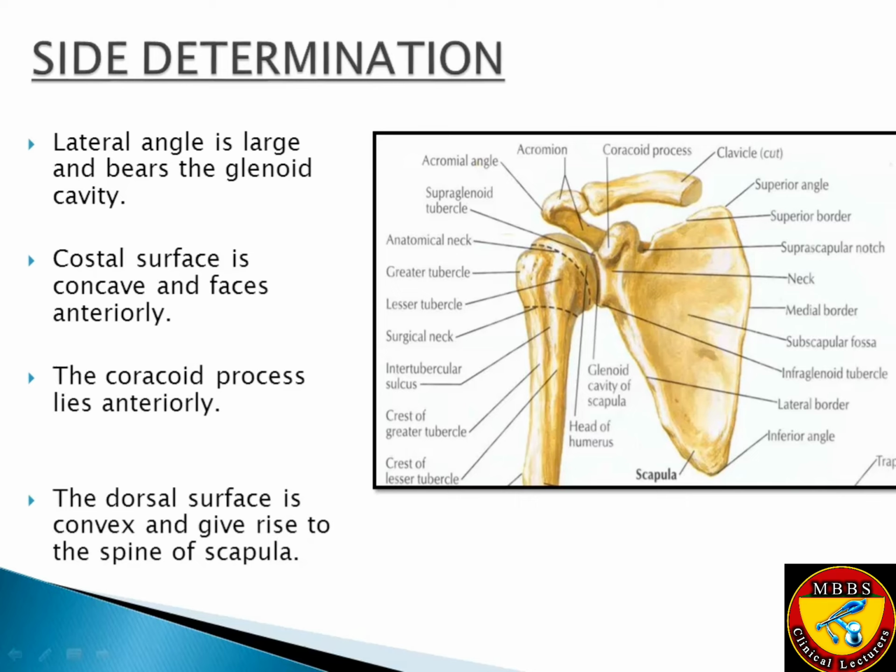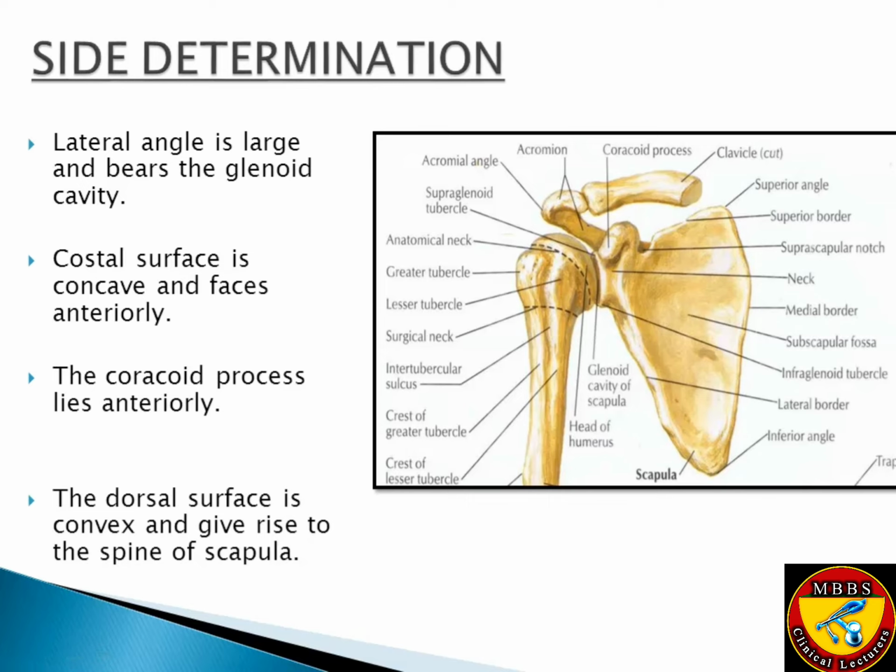The costal surface is concave and it has to be faced anteriorly. The coracoid process lies anteriorly while the spinous process lies posteriorly.